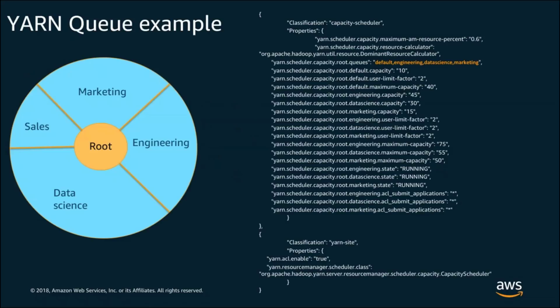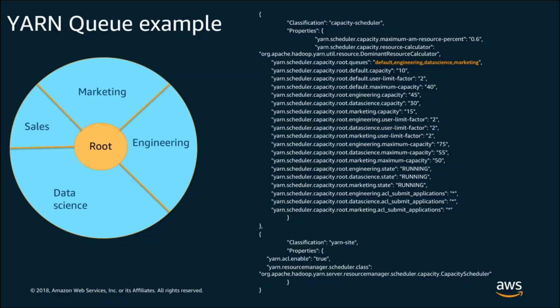So here is an example of how a Yarn queue might look. As you can see, the root is the parent of all queues, and you can define additional queues as children of the root queue based on various departments, geographical locations, users, groups, or priorities.